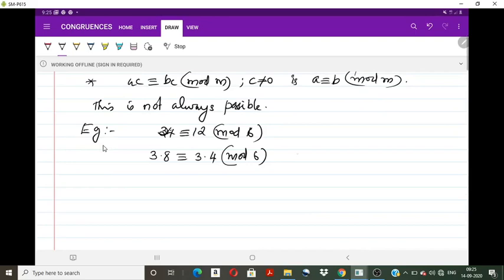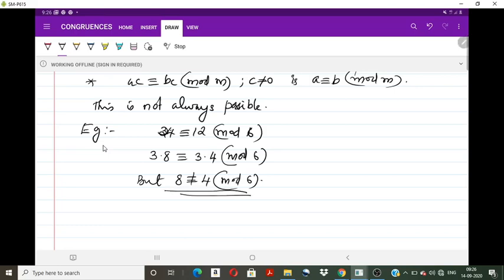So 3 is a common factor in both numbers, but we can see that 8 is not congruent to 4 under modulo 6. So the relation AC congruent to BC modulo M will not always imply that A is congruent to B modulo M.